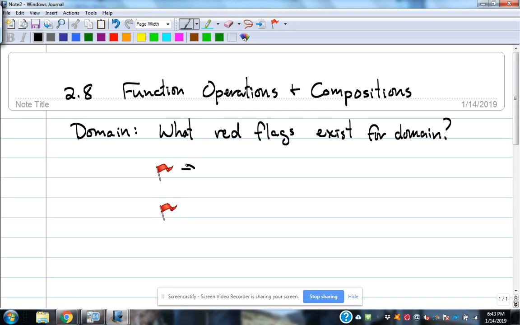No. In an equation, what are the things that made it a function? That's what you're talking about. If the x values, the pieces of the domain, are repeated, that's what decided if something is a function. What we want to talk about is, in an equation, what were the red flags that we looked for when writing the domain of that function?